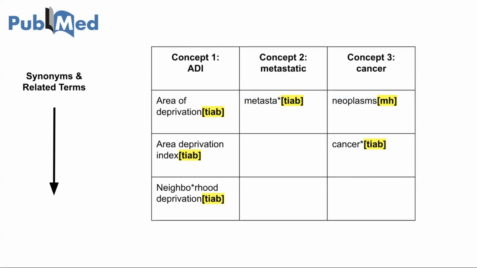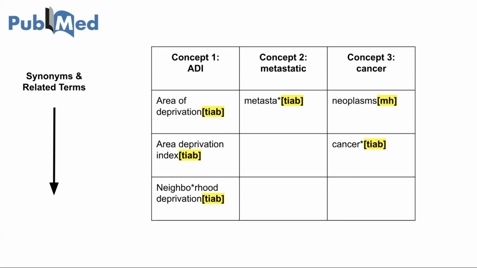To apply this method, as an example, I will search for each term in the ADI column separately. So I will search for area of deprivation with TIAB field code. Then I will perform a new search for area deprivation index with the TIAB field code. Then I will perform a new search for neighborhood deprivation with the wildcard and the TIAB field code.